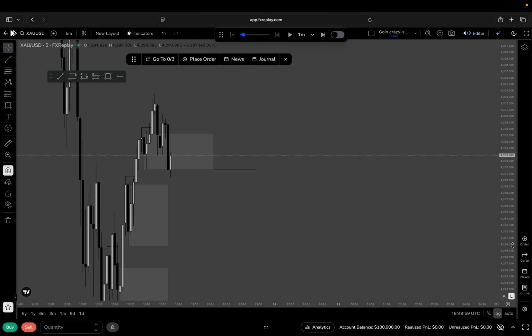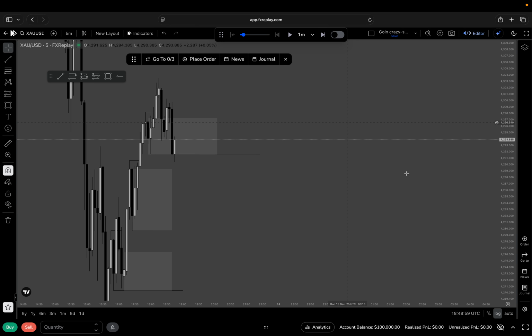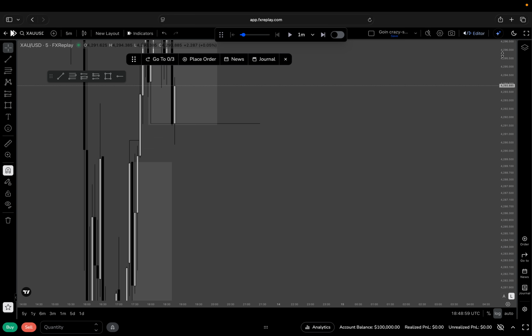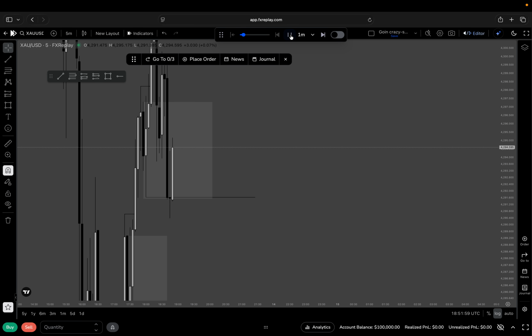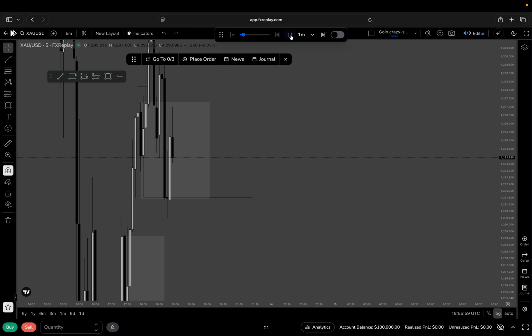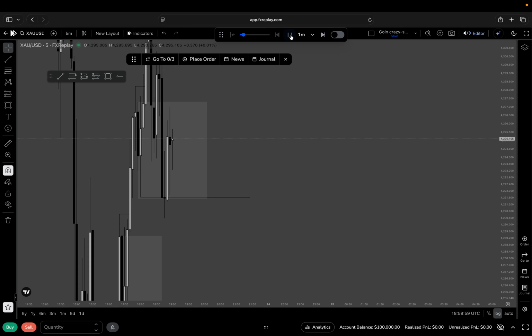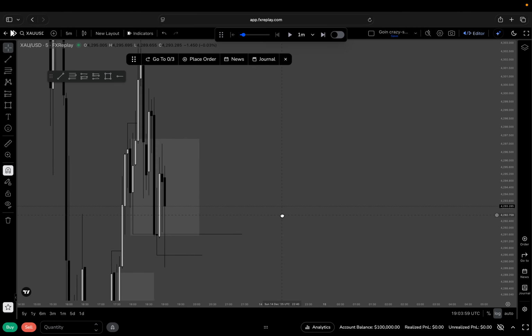Okay, does price hold this? Sweep this once again. But now structure's turned bearish. So ideally we need it to flip.